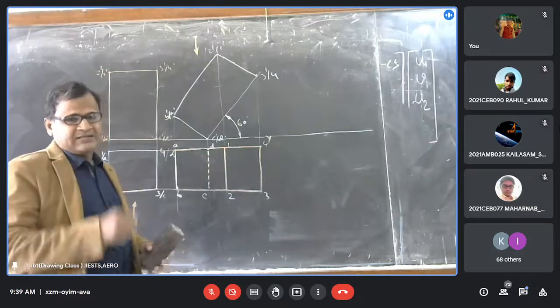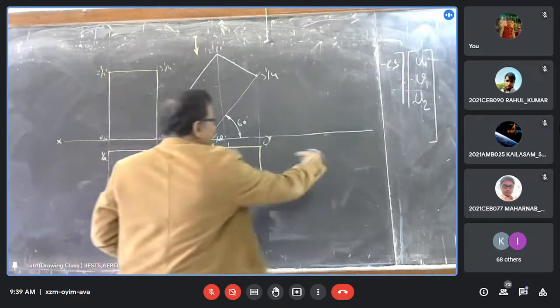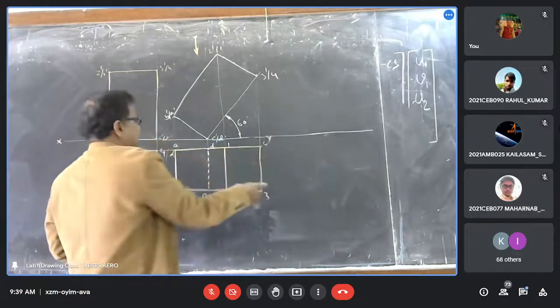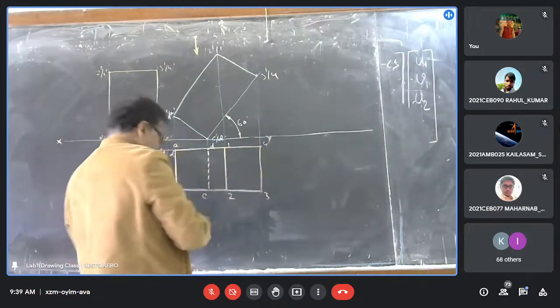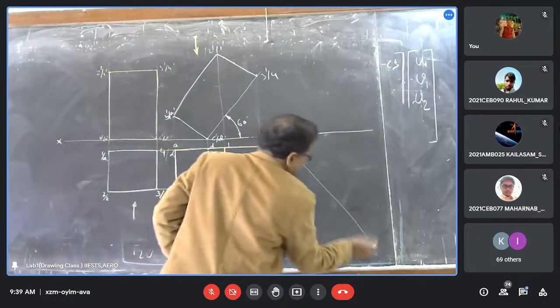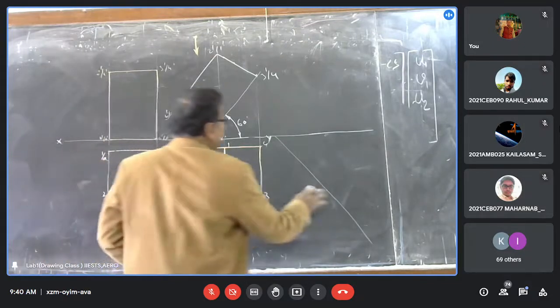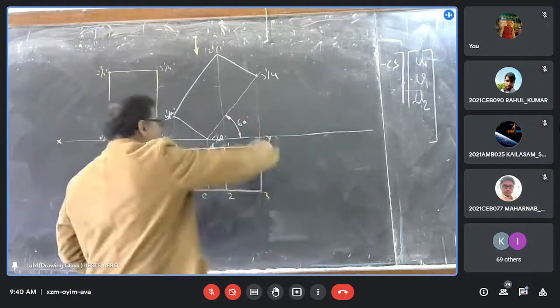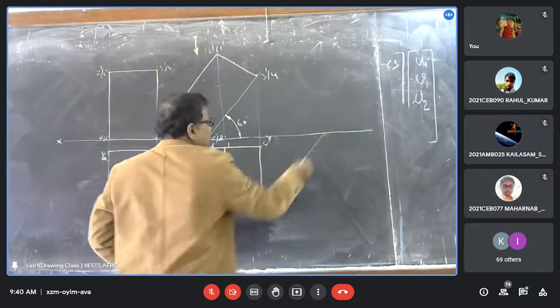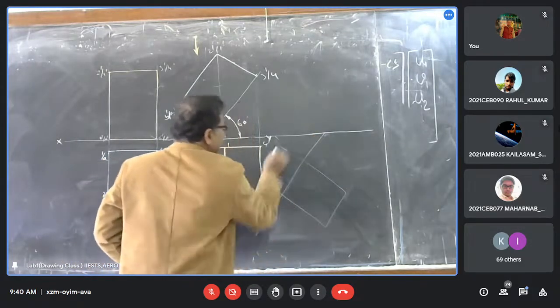So in that case, you consider the whole figure rotating anti-clockwise like this. Then your 45 degree angle will be like this. And if you rotate clockwise, then the 45 degree angle will be this one. The dotted line is coming here and your figure is coming like this.